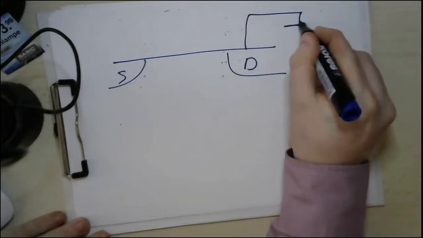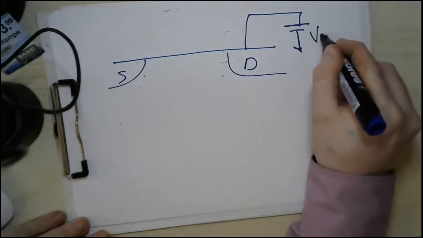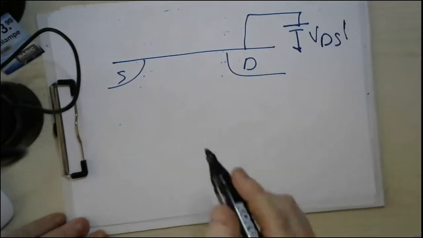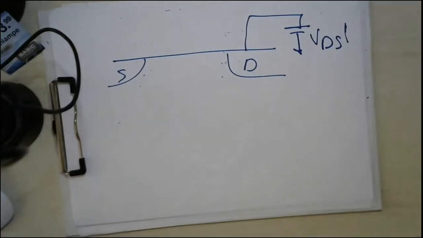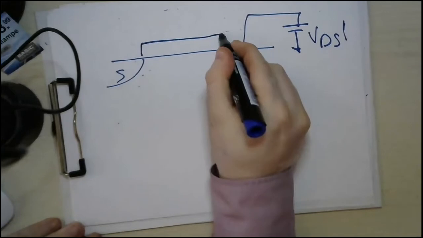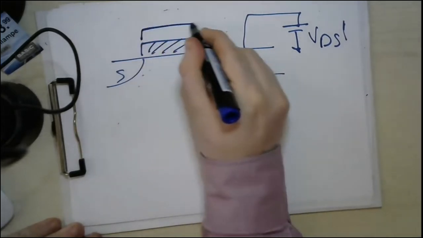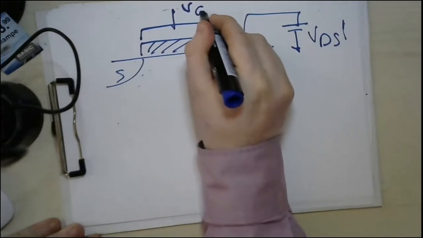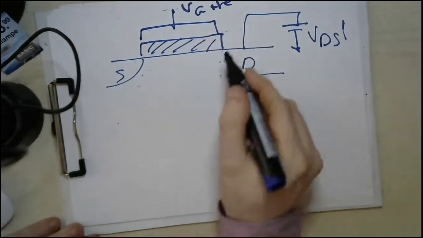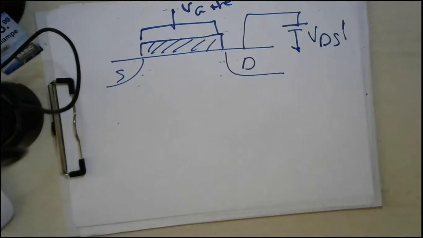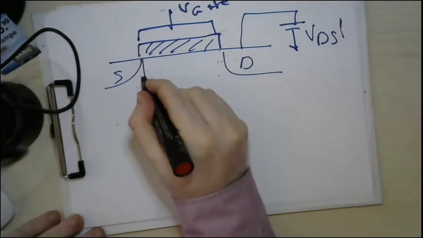Now we have a positive VD voltage, which is very big, greater than VGS minus the threshold. And here now you have your oxide thickness, and you have here your metal on the gate, which has again a positive voltage. And you have a pinch-off. So your channel looks like that.